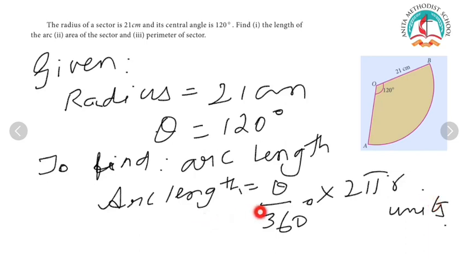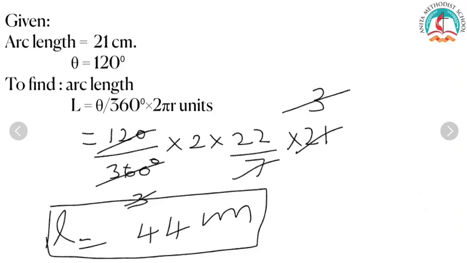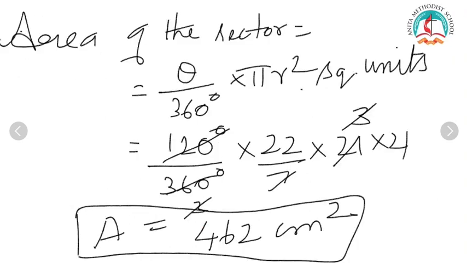Arc length is equal to theta by 360 degree into 2 pi r units. Apply the values, theta is 120 degree, 360 degree, 2 pi value is 22 by 7, and the r. Cancel it, we get L is equal to 44 centimeter.